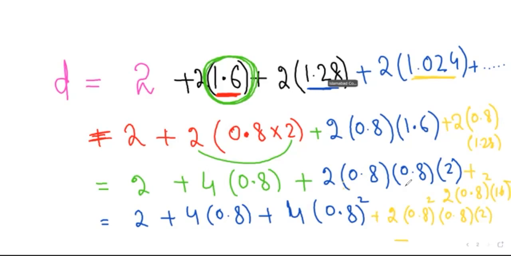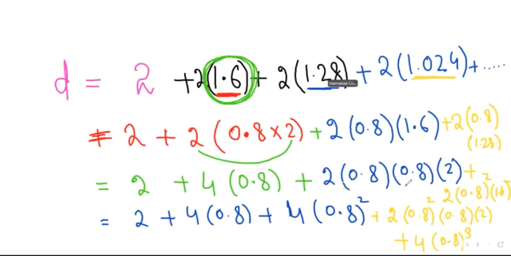So it would be 4 times 0.8 power 3. So now we have reached approximately a similar level to the one given in our question.